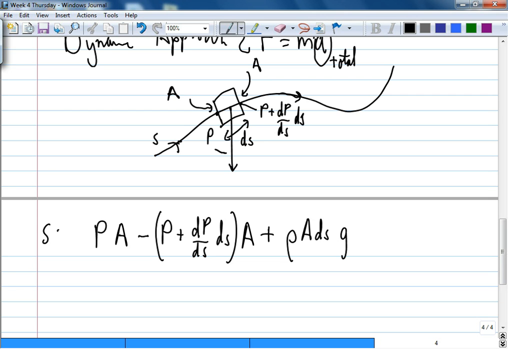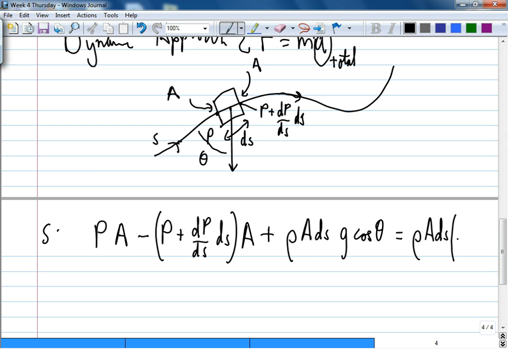If this was theta, it's cos theta. These are the pressure force and the gravity force, equal to mass, rho times A times ds, times acceleration.